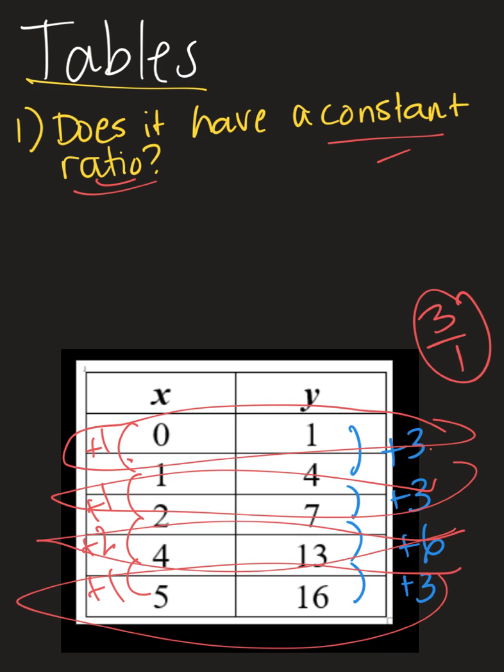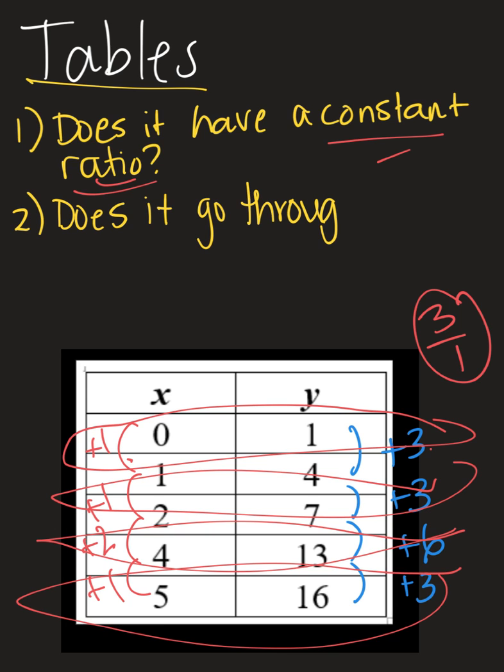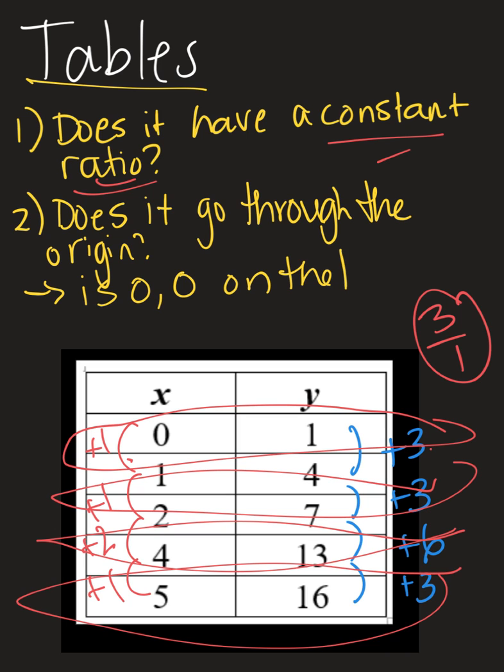But my second question is, does it go through the origin? So I'm going to do this in one of two ways. I'm going to look for 0, 0 on the table. If there's no 0 at all in the x or the y column, then I will figure something out and I will check by backtracking.